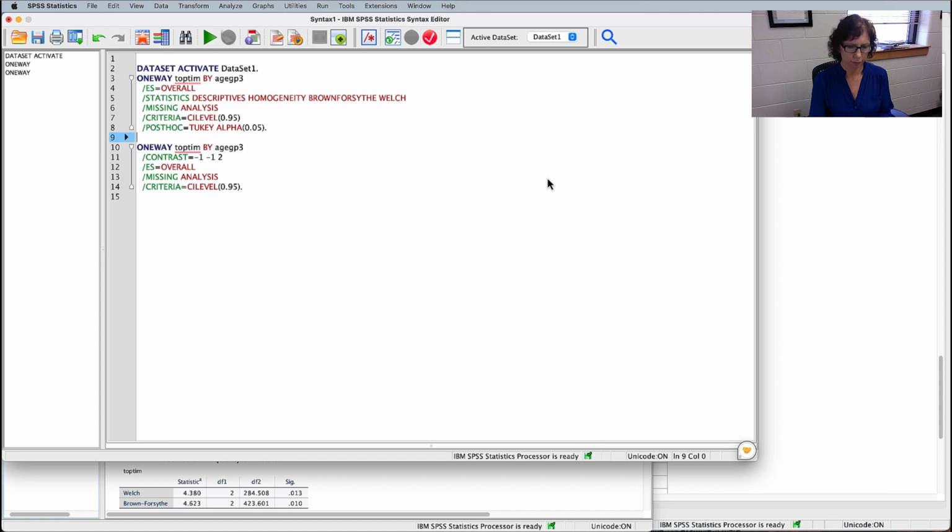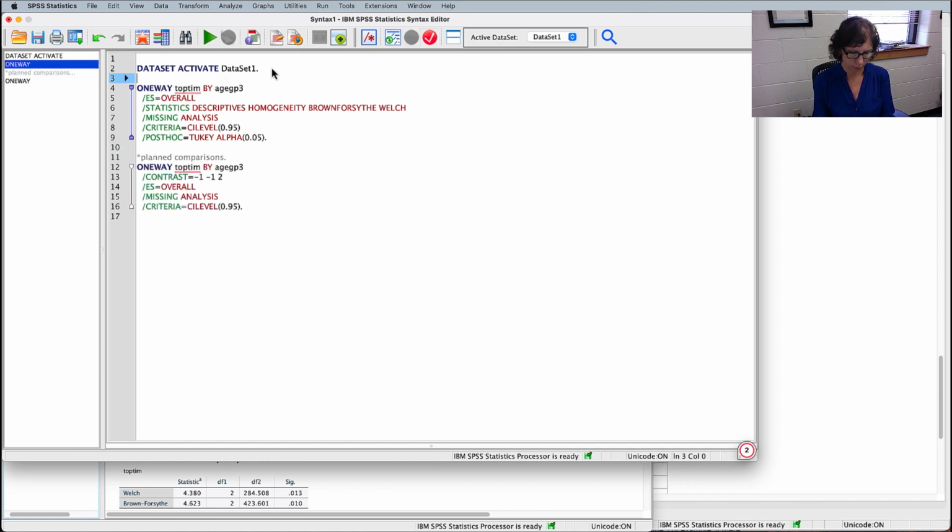So a very different set of syntax here. This is planned comparisons. And this first one was One Way ANOVA with post-hoc.